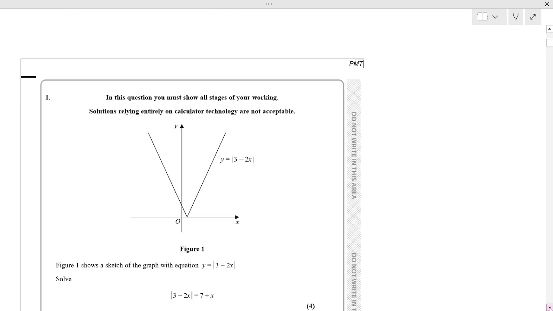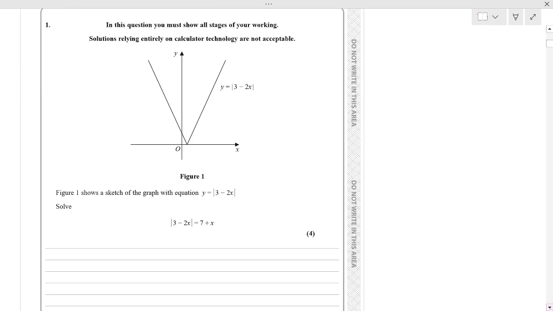Okay, question 1, and I do love these sort of inner modulus questions with a graph. We're given this graph of y equals modulus of 3 minus 2x, and we need to solve modulus of 3 minus 2x equals x plus 7. The thing with all these modulus equations is you need to sketch them, and actually they're giving us a sketch already.